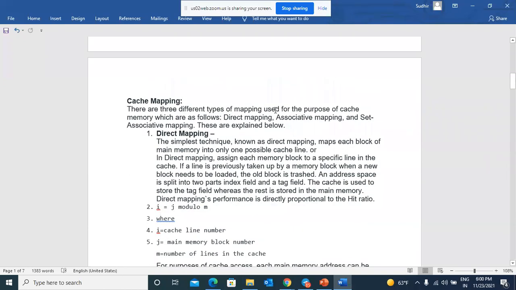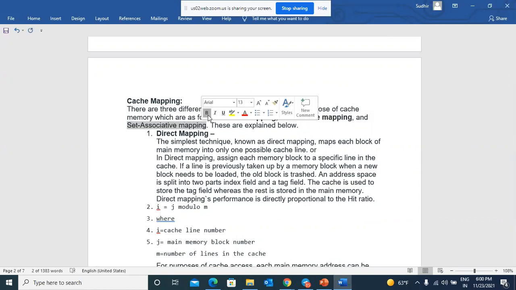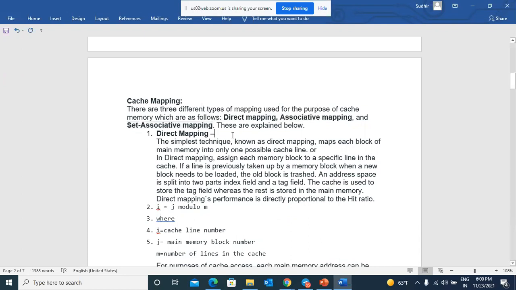There are three different types of mapping used for cache memory, which are as follows: direct mapping, associative mapping, and set associative mapping. Three kinds of mappings are there.